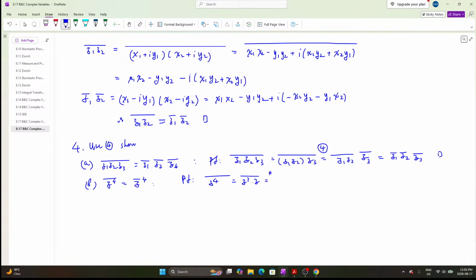Now you can use property 4 and get z cubed conjugate times z conjugate. Now I use part A just above, because here you have the conjugate of a product of 3 factors, exactly what we needed. So this is just z bar cubed times z bar, which is z bar to the 4th. So that's done.